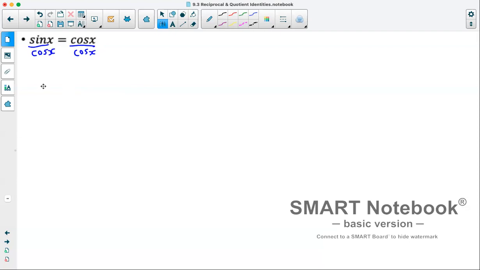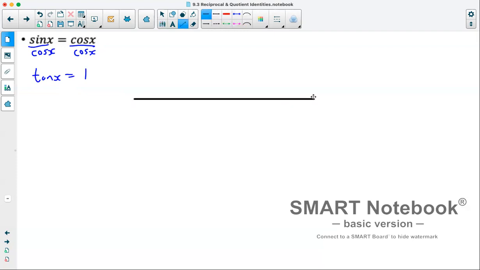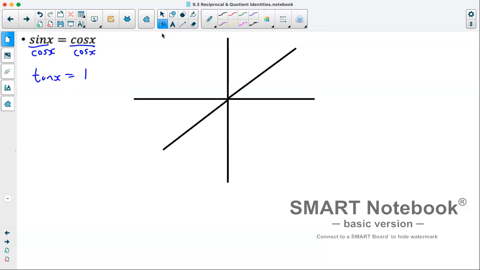So sine x over cos x is tan x, and cos x divided by cos x is 1. Now we have tan x equals 1. Tan we know is positive here and here. Now, if tan equals 1, that means our opposite and adjacent are the same length.